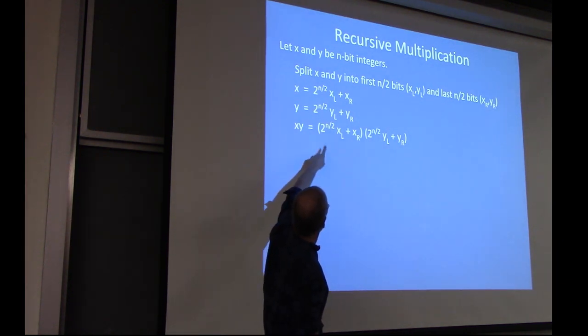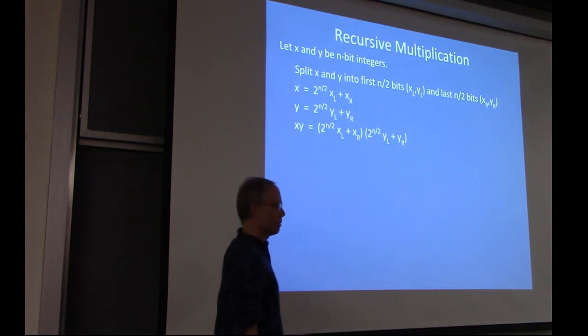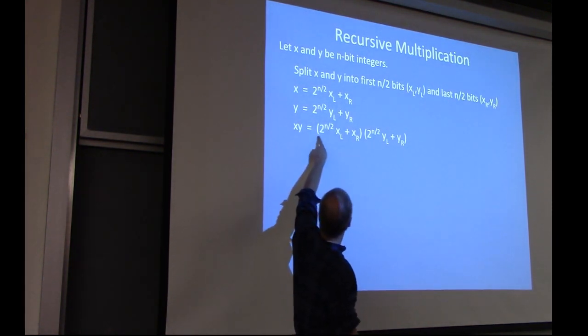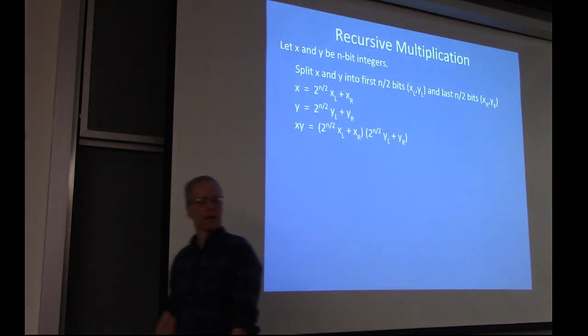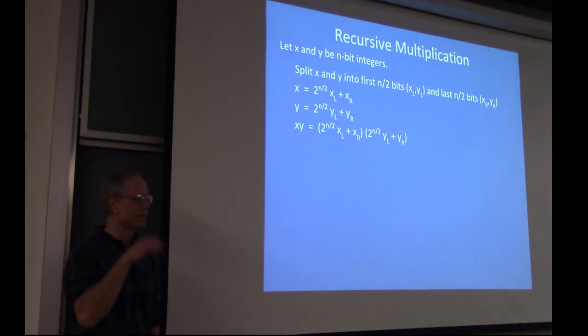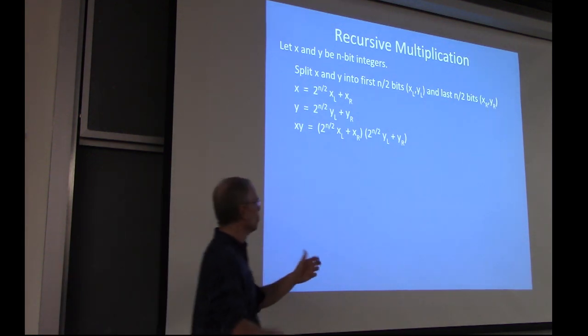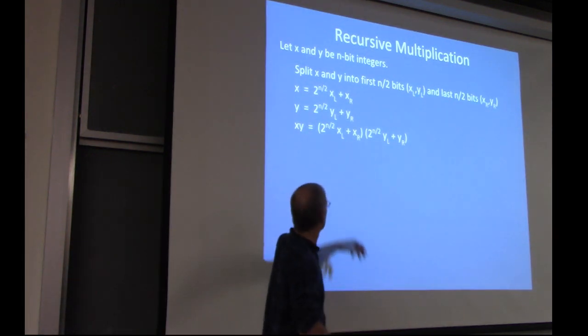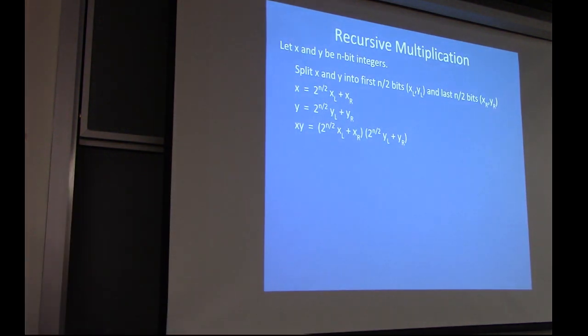If we multiply, we're trying to derive a recursive multiplication algorithm. So I've rewritten x as this, and I've rewritten y as that. And if you want to think about base 10, like, what's 52? If we're using base 10, 52 would be 5 times 10 plus 2, right? So it's 2 digits, we divide the 2 digits into halves, so that's why we get 10 to the first, if we're working in base 10.